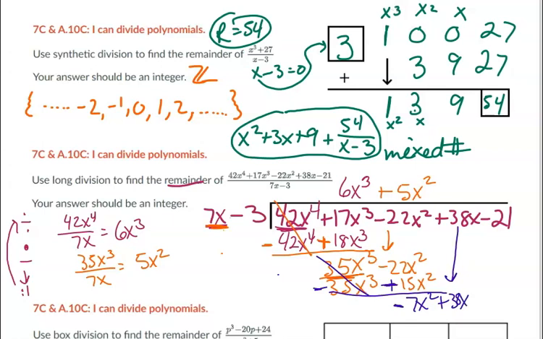Okay, now divide those two. Negative 7x squared divided by 7x. We get negative x. We'll put that at the top. Multiply each of those by negative x.